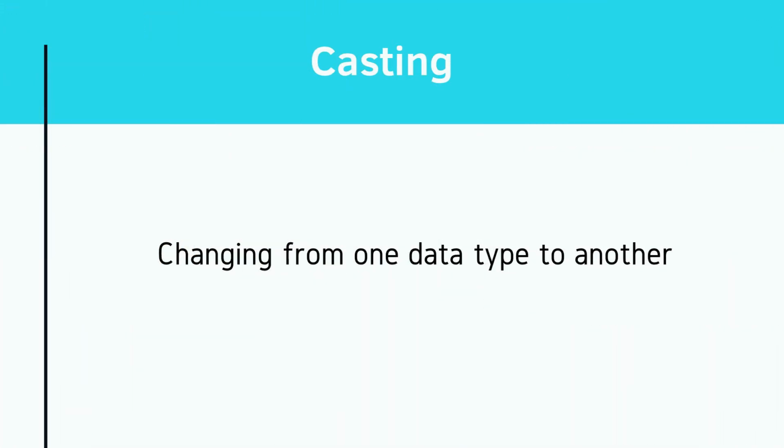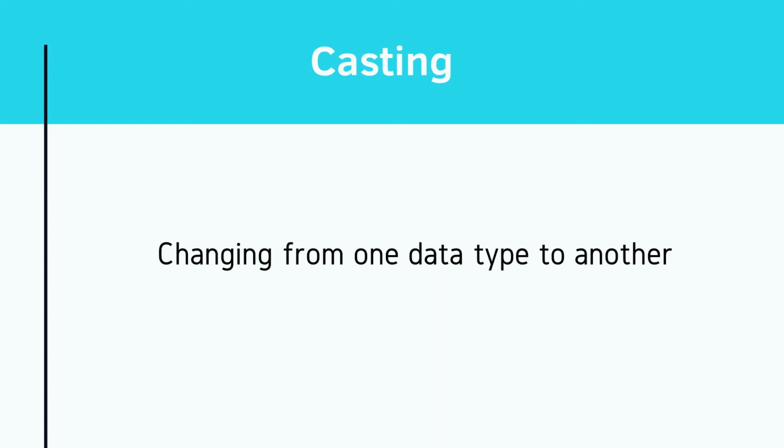So casting is just changing from one data type to another data type. And why is casting necessary? You can use casting if you want to call a function that expects a certain data type to be given to it, but you have a different data type. So you cast that data into the right data type before you give it to the function.